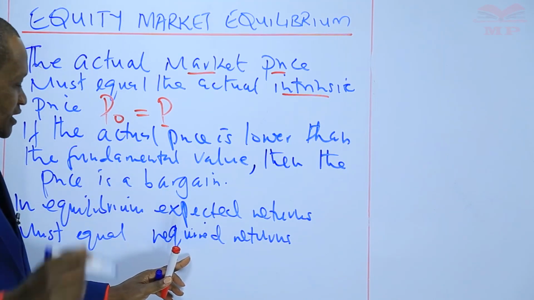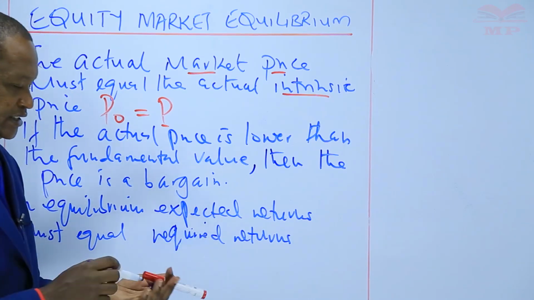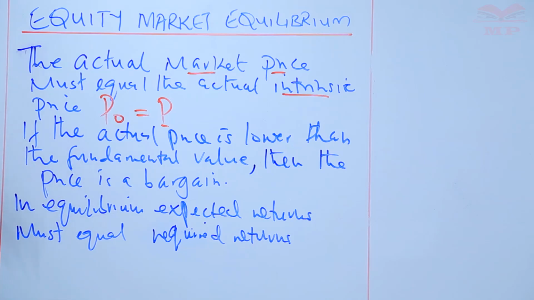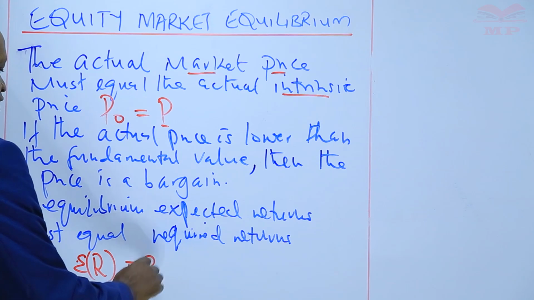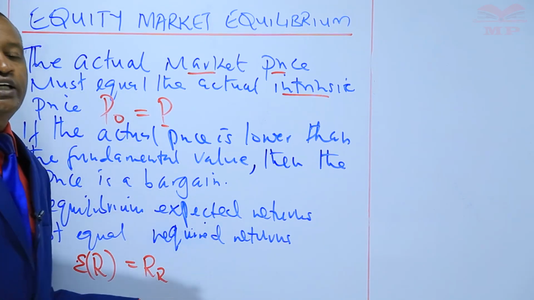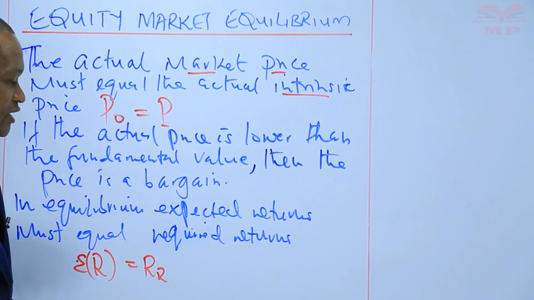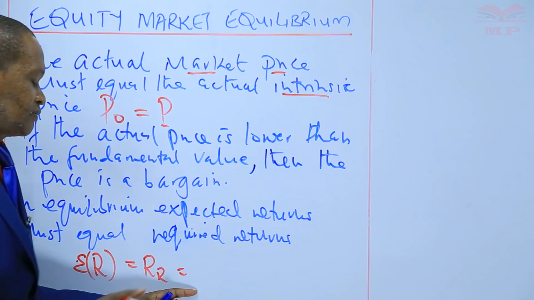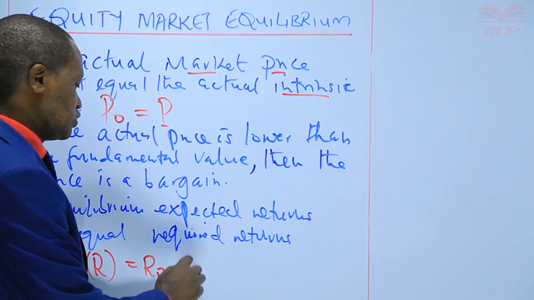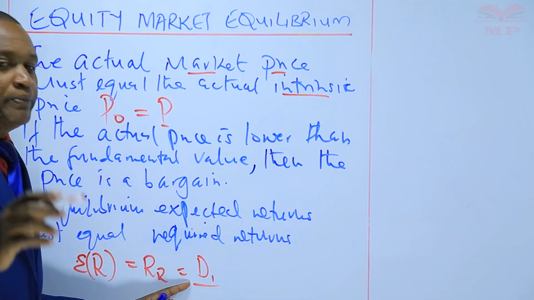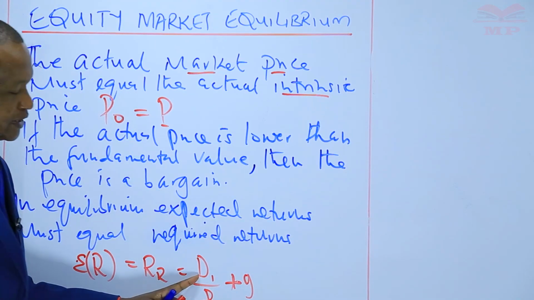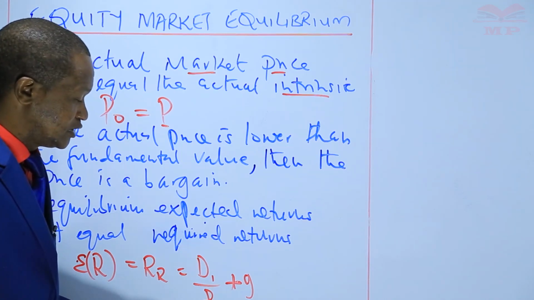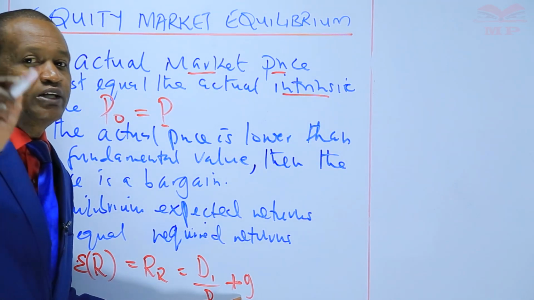And we know that expected return should be equal to D1 over P naught plus the growth rate, that is, the expected DPS over the market price, plus the growth rate.